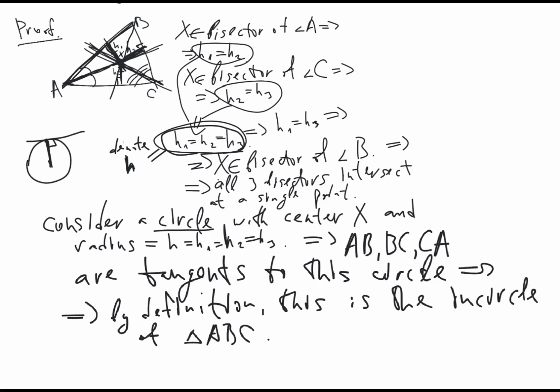This is exactly the definition of the incircle. And so we proved that the intersection of the bisectors is the center of the incircle, so it is the incenter. So this concludes the proof.